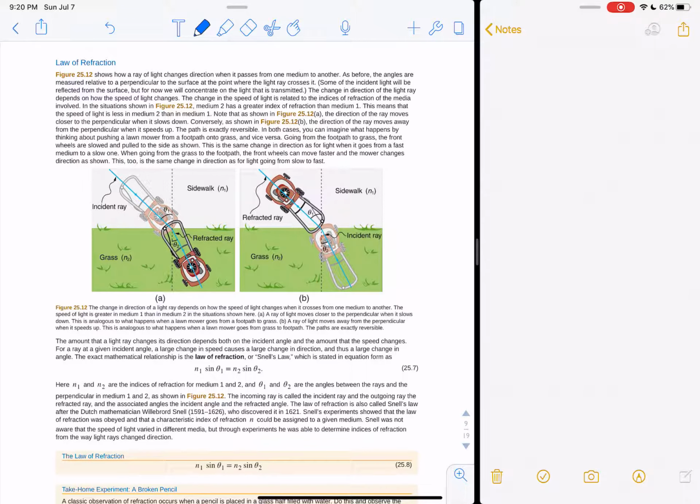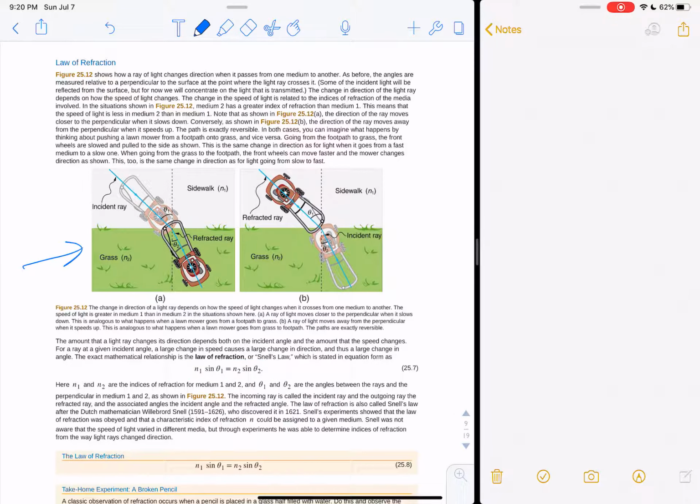So the law of refraction is best summarized with this equation called Snell's law, which says that the incident angle is related to the refracted angle, similar to the law of reflection. This is just a little bit more complicated because we've got a sine on it and our n's on it, but it's pretty simple.